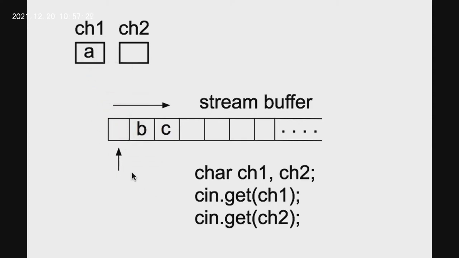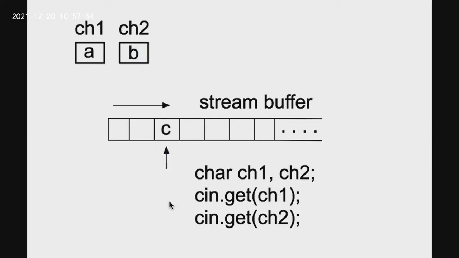And then what happens is the next character to be read moves over to the next byte right there. So when we have the next statement, cin.get ch2, B will be read from the buffer and stored into ch2, and then the pointer for the stream buffer, the next item to be read, will move over to C.